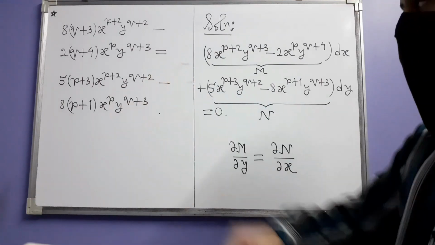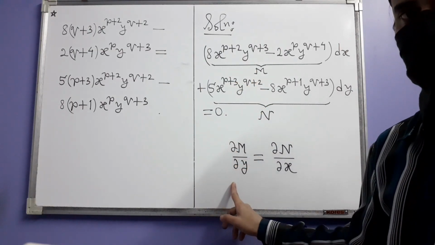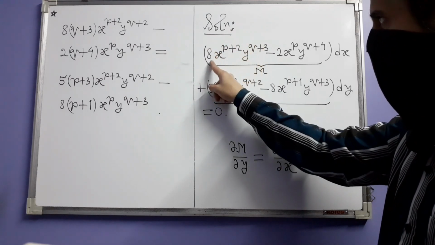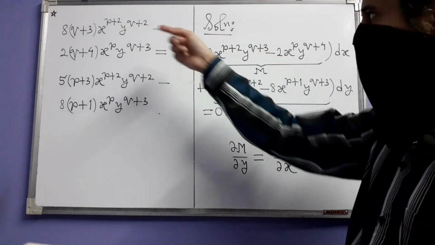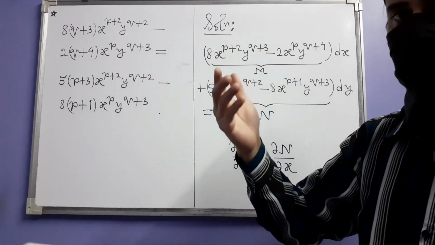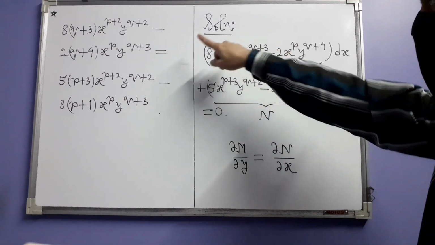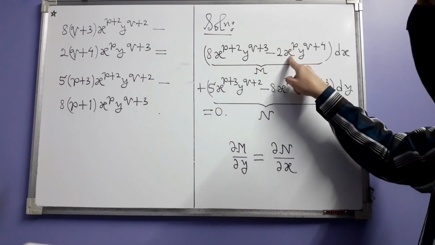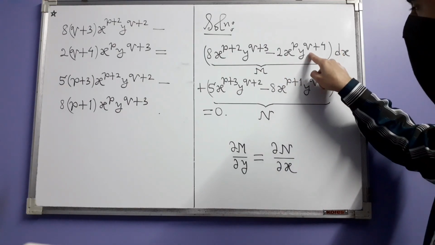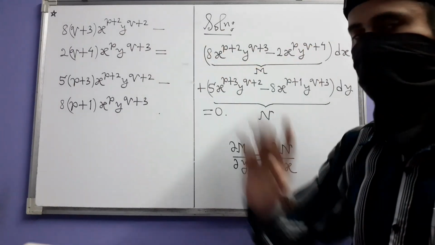This is what we have got. So we are differentiating M with respect to y partially, so x will be constant. So from this first term we are going to get 8 times q plus 3 times x to the power p plus 2 times y to the power q plus 2. The exponent gets reduced by 1, the usual power rule, minus 2 times, so this part stays because we are differentiating with respect to y, times q plus 4 times y to the power q plus 3.